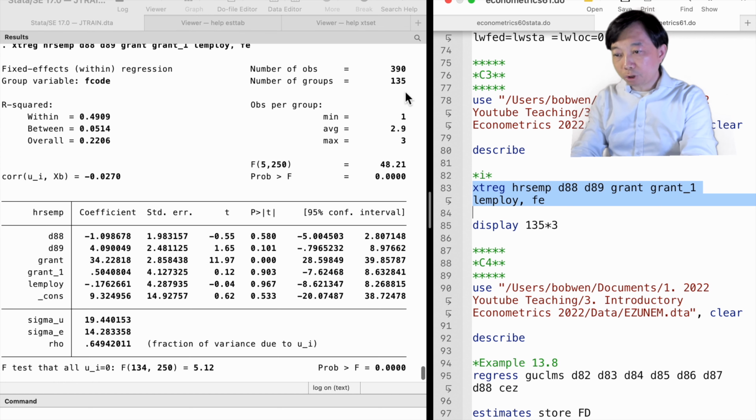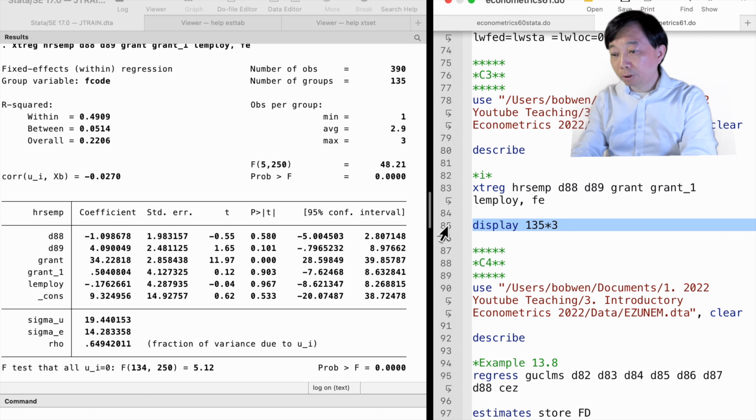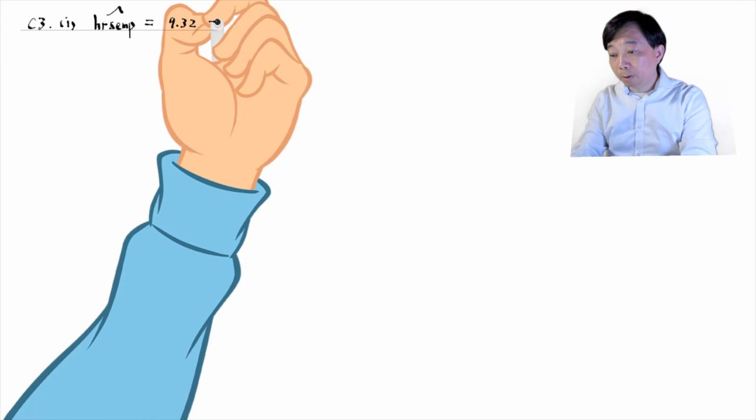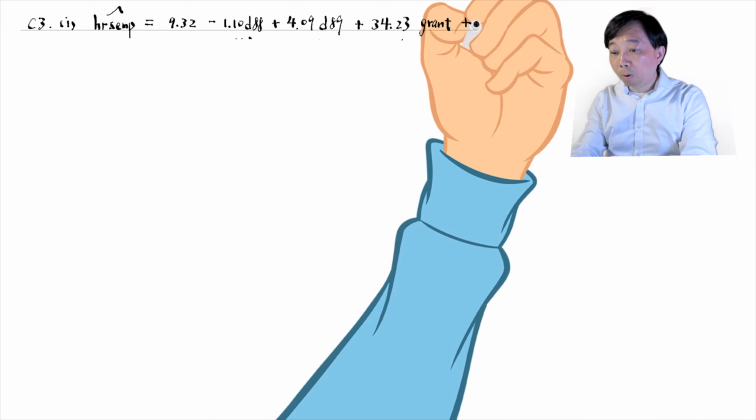There were 135 groups. In other words, there were 135 firms in the fixed effects estimation. It will be 135 times 3, 405 observations if the 135 firms have data on all variables.